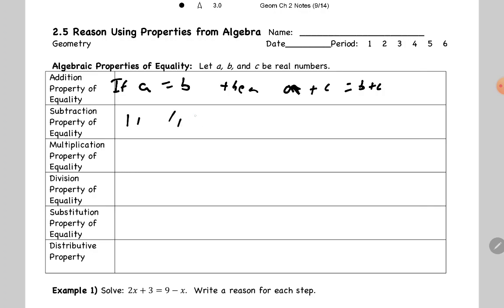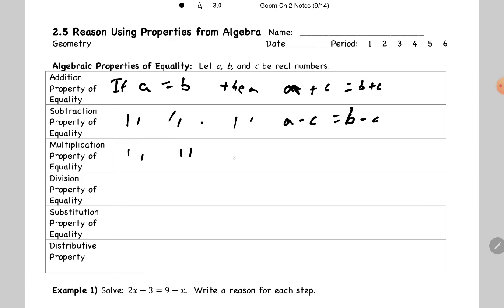If A equals B, then we can subtract from both sides of the equation. So remember, when we're trying to get a variable alone, we can add stuff to both sides, we can subtract stuff to both sides. If we were dividing by something, we would multiply.